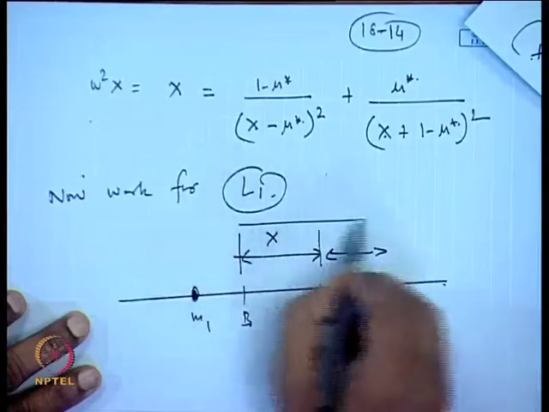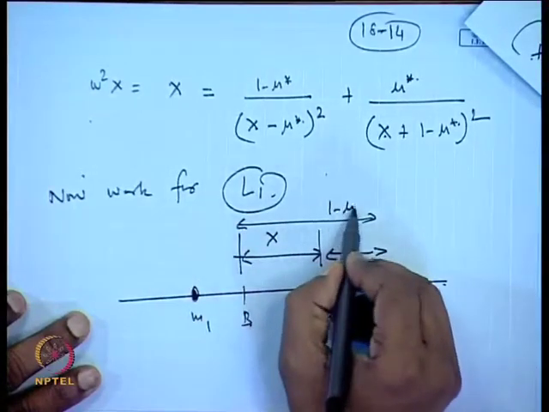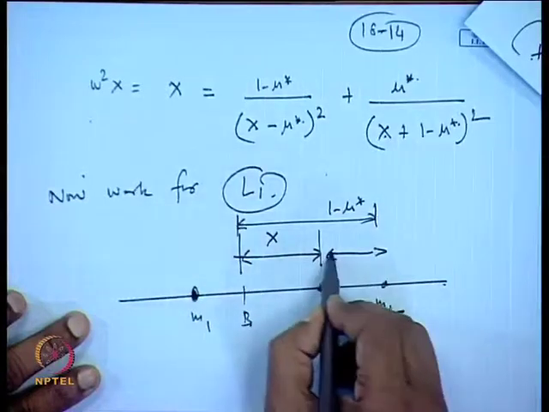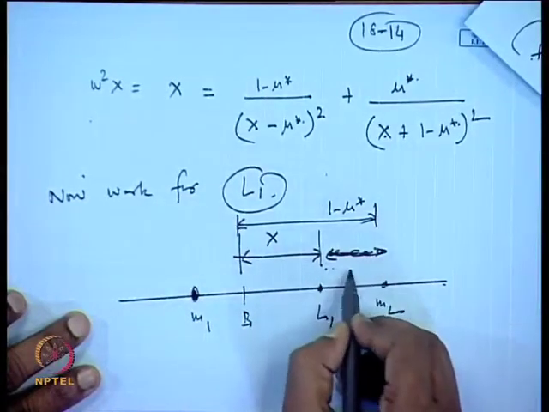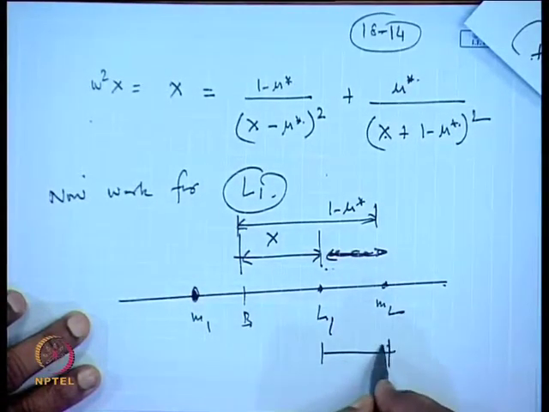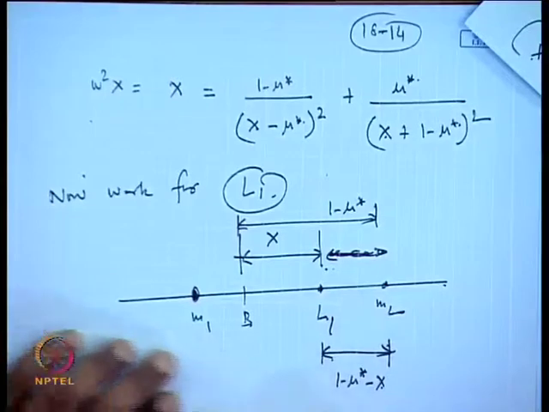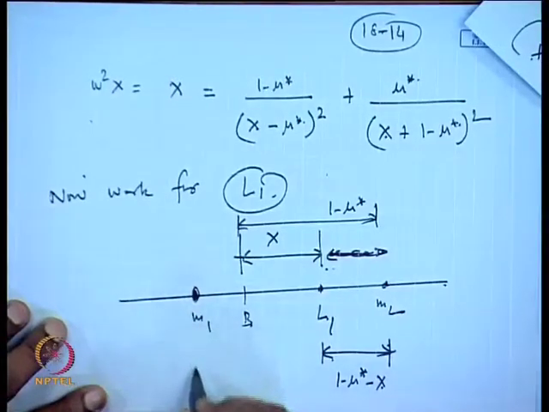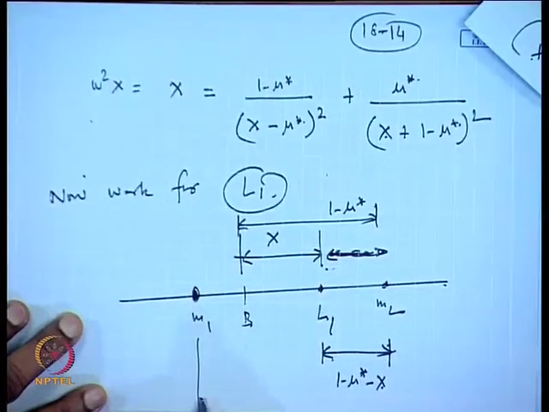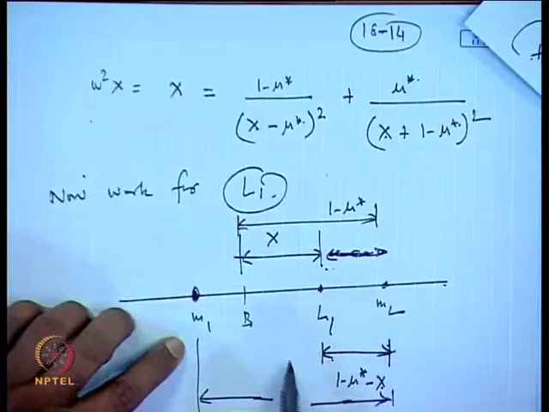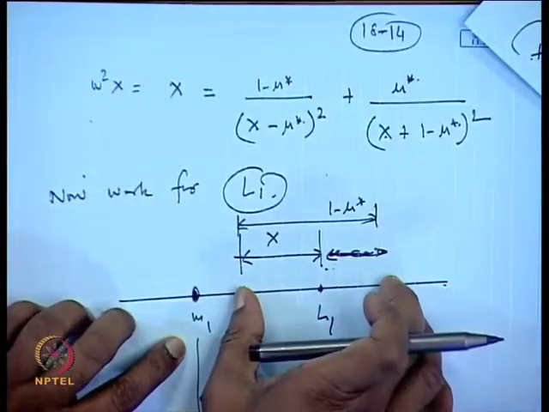and this is the distance from here to here, 1 minus mu star. So, this distance will be 1 minus mu star minus x, and the distance from here to here will be this 1 minus mu star.